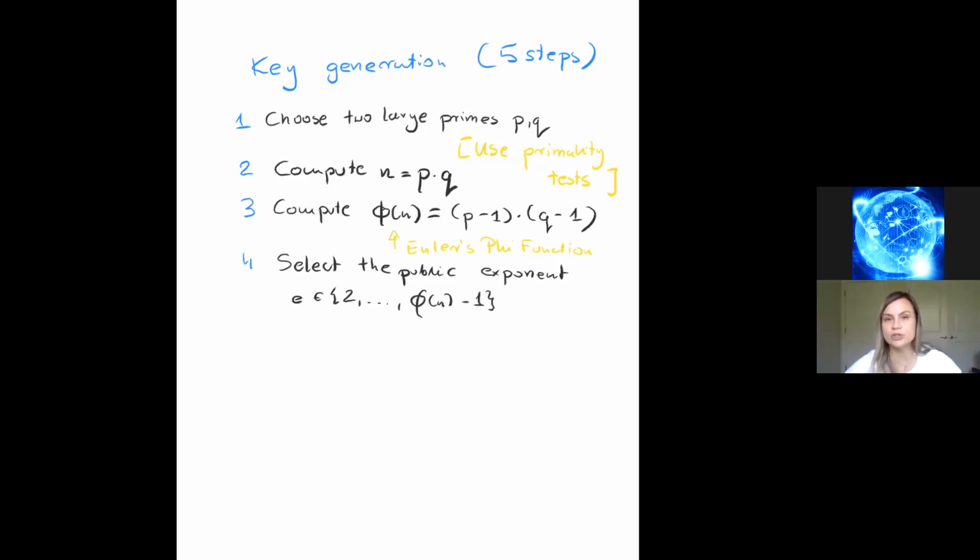But there is a condition that has to be satisfied. So the greatest common divisor of E that we pick and phi of n has to be 1. So why so? Well, if the greatest common divisor of those two numbers is not 1, then D cannot be computed because the inverse of E doesn't exist.